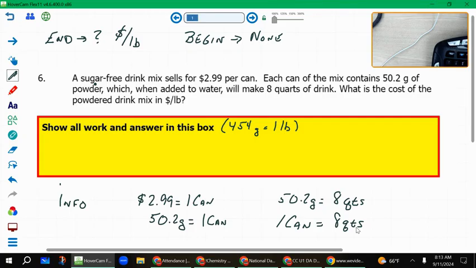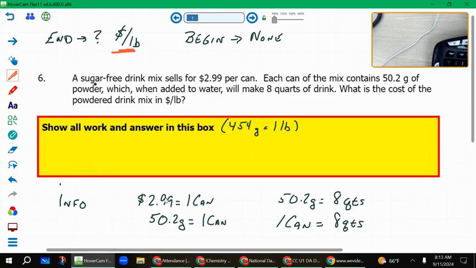Now, this is a problem where you're not given a clear starting point. There isn't a number where it says convert this many miles per hour into meters per second or something like that. So here's how I would begin this problem. Ultimately, this is the unit I want to get to, correct? So I'm going to at least get one of these units in the right place to begin with.